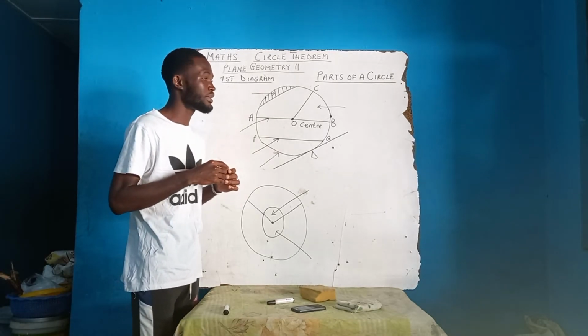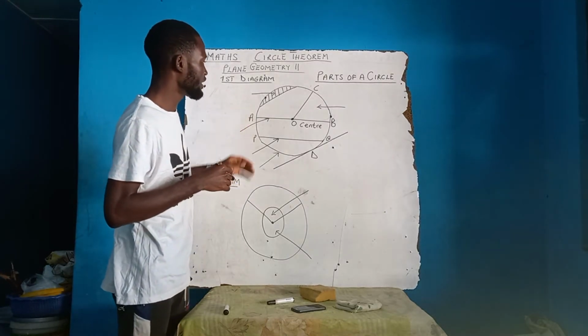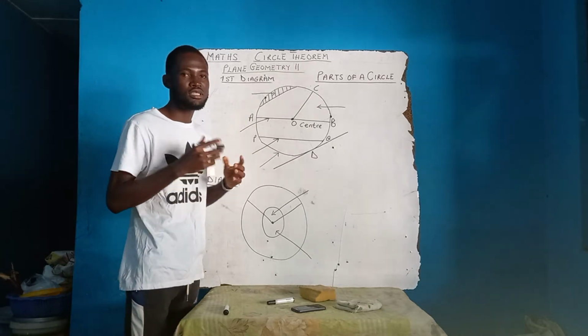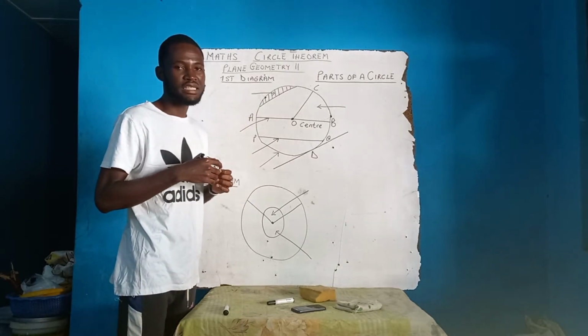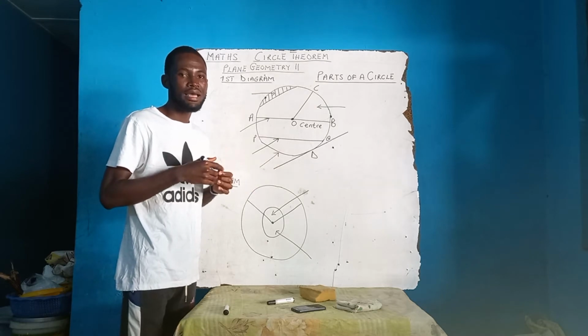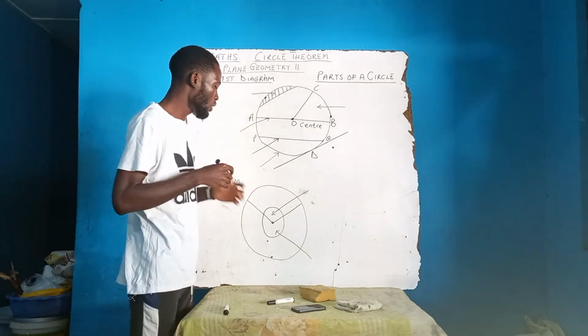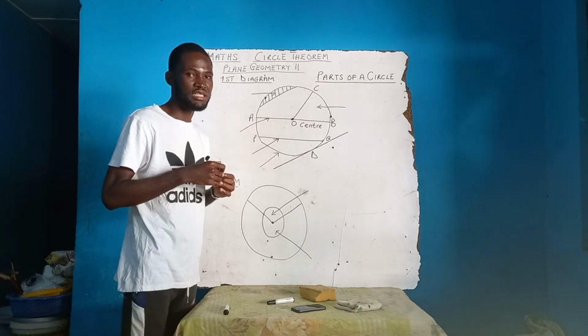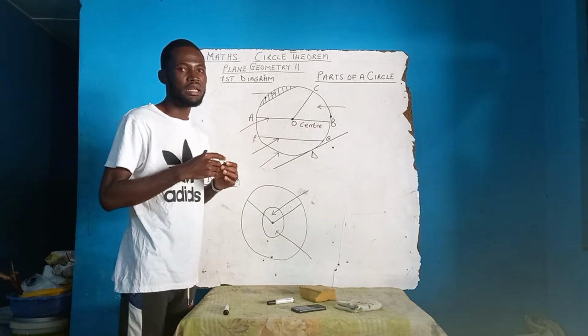So without wasting much time, as depicted on the board, I'll show you through the parts of a circle, their names, and we'll get to know about the other diagram as well, which I've also depicted below the board.